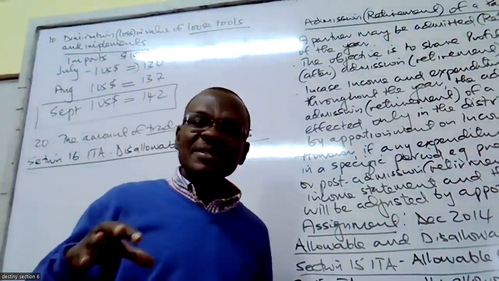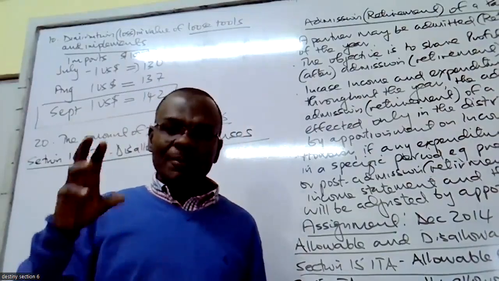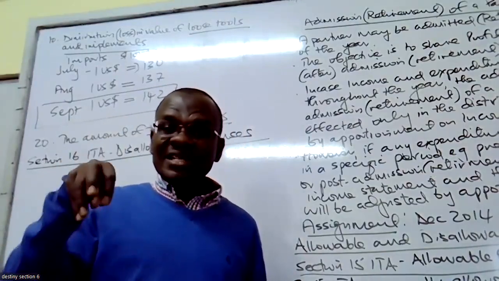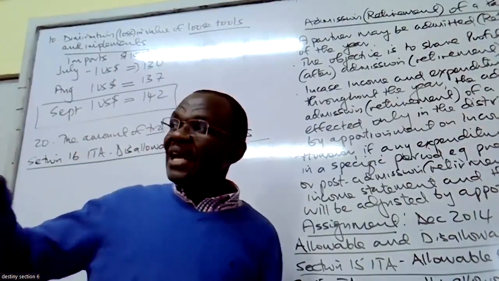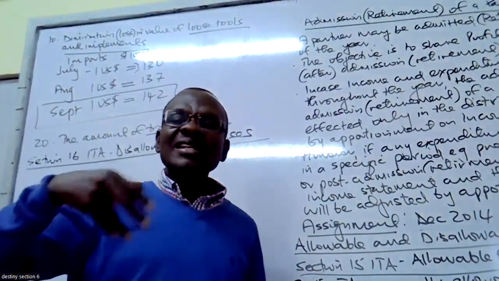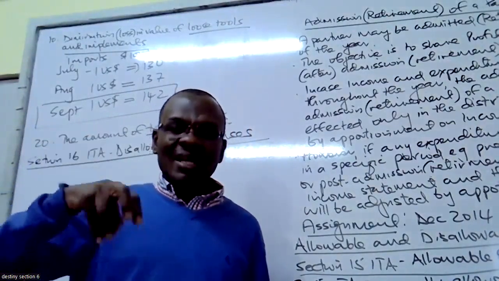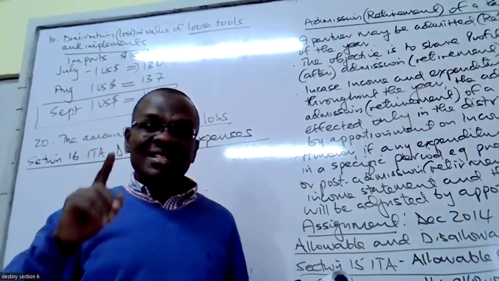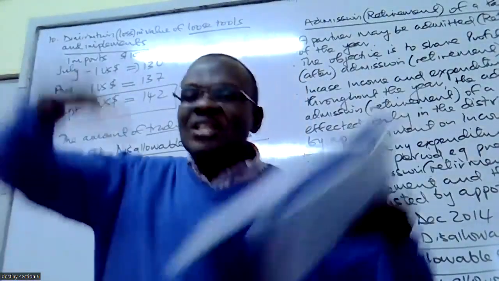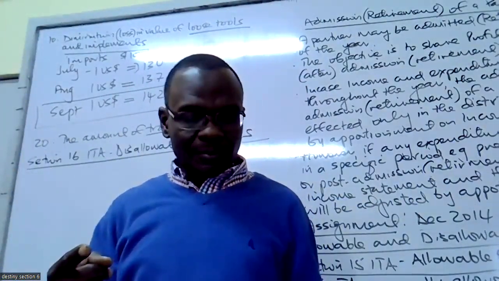But for tax purposes, we call that a general provision, so general provisions are not allowed. What we allow is specific. Debtor X owes the business 10,000 and debtor X has been declared bankrupt. If I provide the 10,000 in the income statement, that's a specific provision. But if I take 20% of all debtors, that's a general provision.